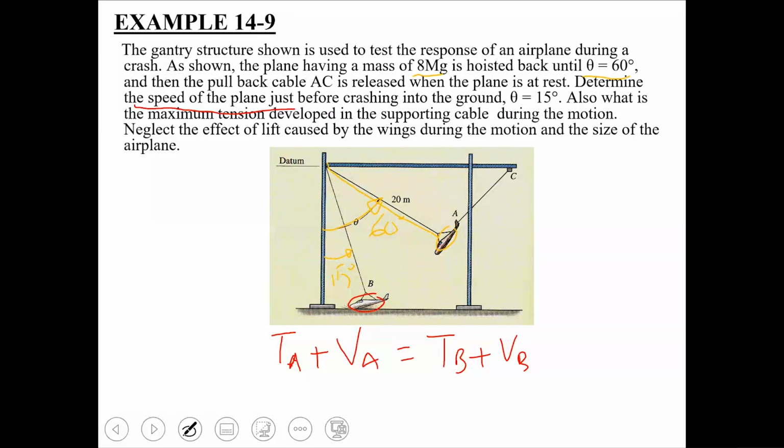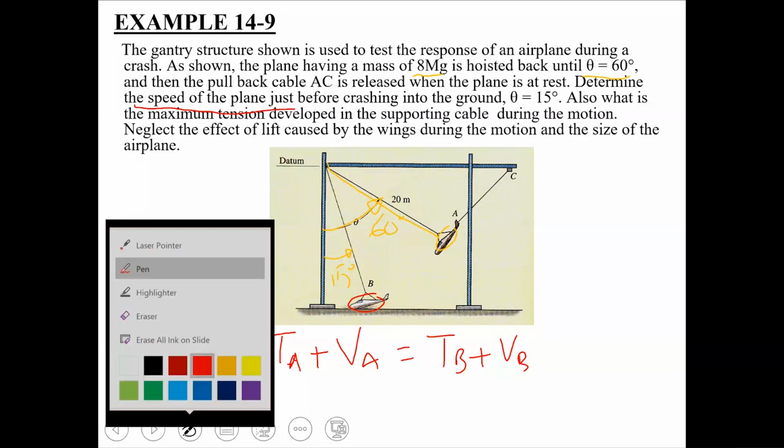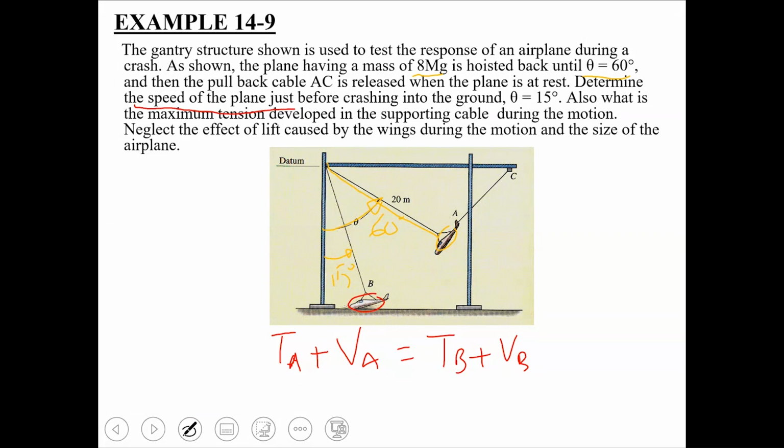Okay, one by one we discuss all these terms. What about the kinetic energy at position A? Zero sir, stationary. Since the plane is being released from rest at position A, the kinetic energy at position A should be equal to 0.